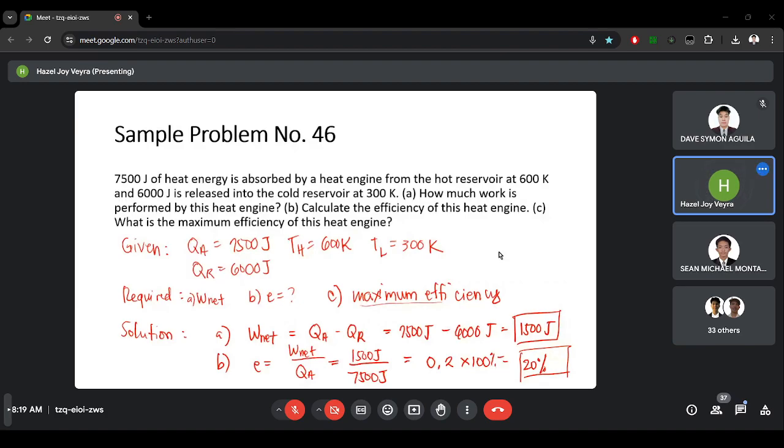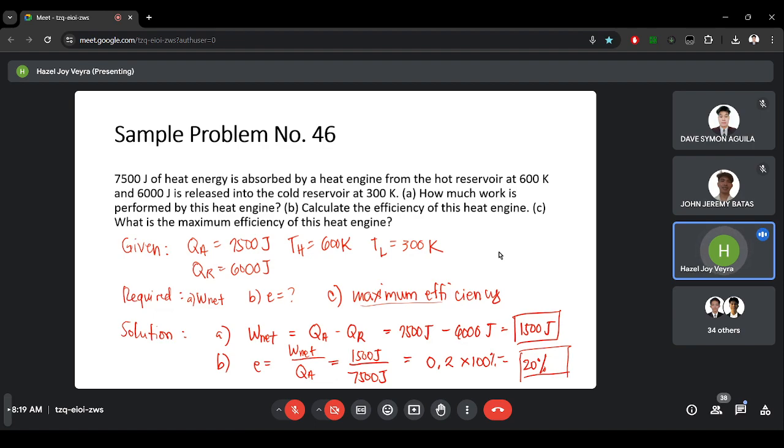Okay. So the reason, class, is because we are already given the heat added and heat rejected in the system, meaning in real life those two given parameters already considered the losses.